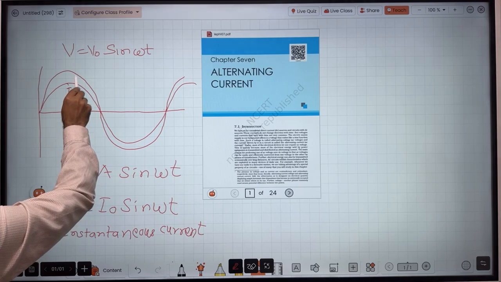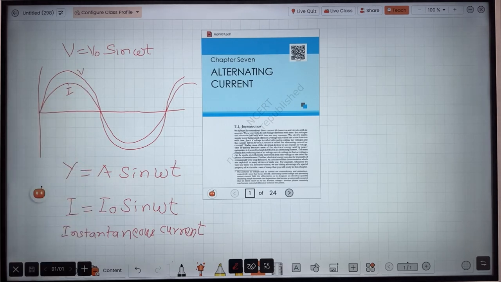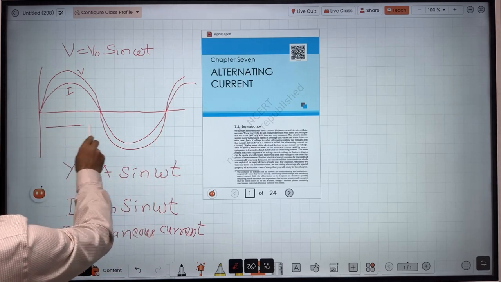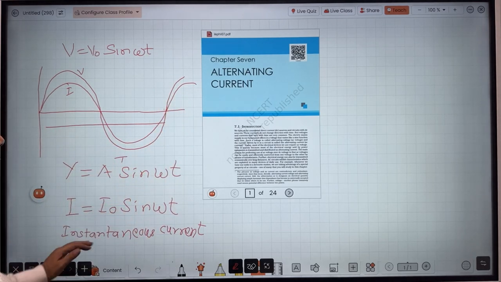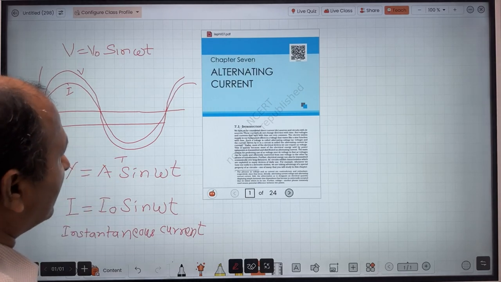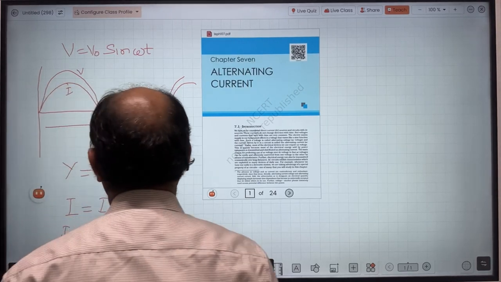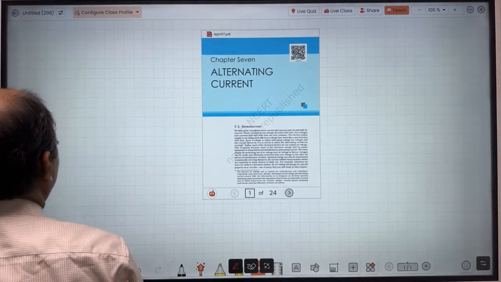So this is I, this is V, but both are alternating because they are changing their direction. And after this period, this time period T, it is repeated, right? So now we are going to study it in detail.